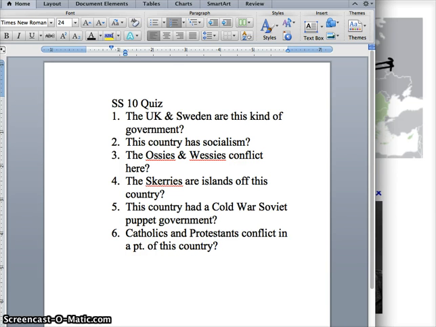Number 3, the Aussies and the Wessies conflict here. Number 4, the Skerries are islands off this country. Number 5, this country had a Cold War Soviet puppet government, talking about the whole country here. And number 6, Catholics and Protestants conflicted in a part of this country.